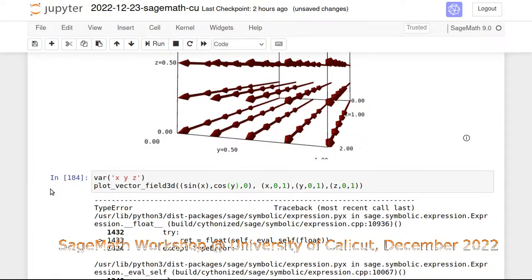So we have already specified x, y, and x is already given here. What's the problem here? Sin x, cos y, and suppose we put z, what will happen? What's the issue here?